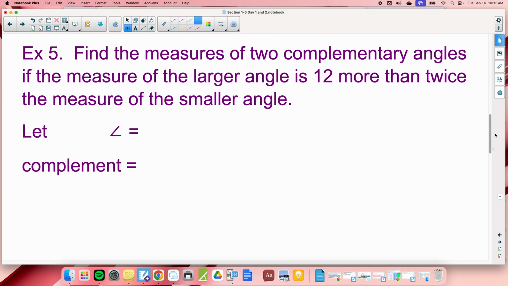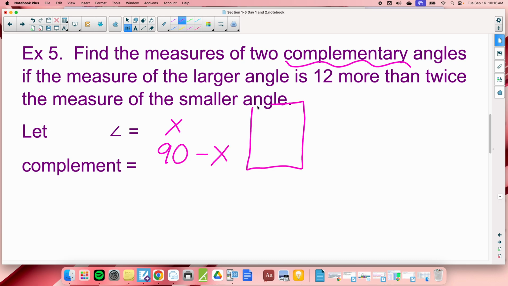All right, now let's go to this one. And this one we have two complementary angles. So what we would do is let our angle be x, and what do you think we'd let the complement be? 90 minus x, very good. Now the hard part is writing that equation, okay?